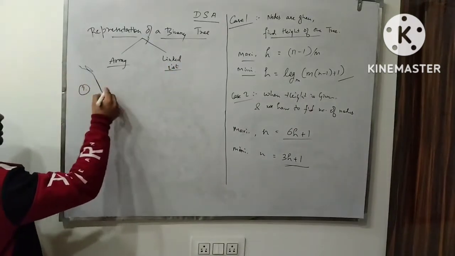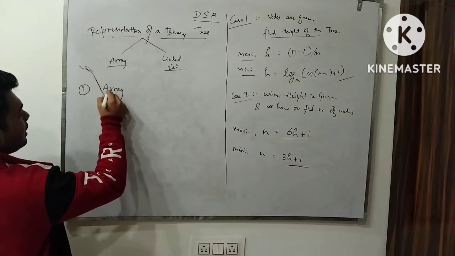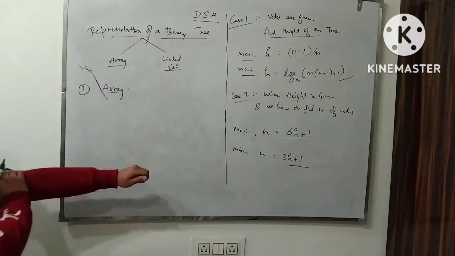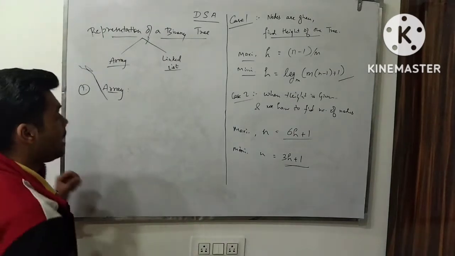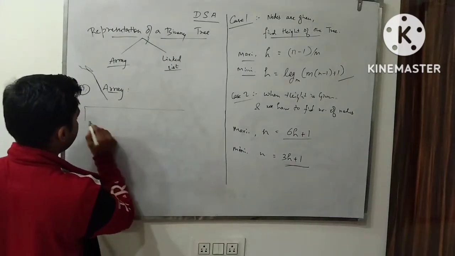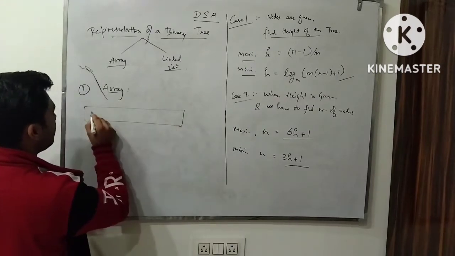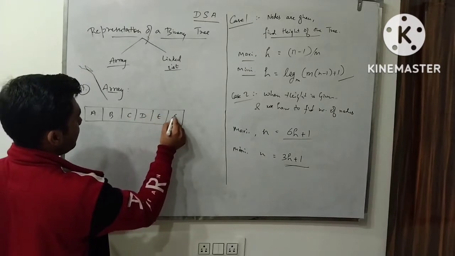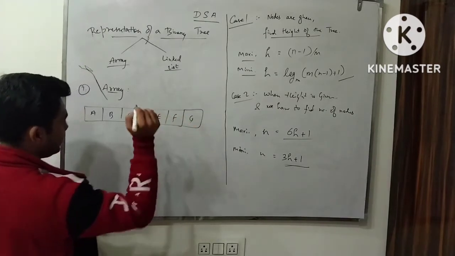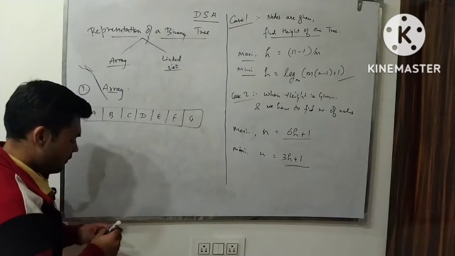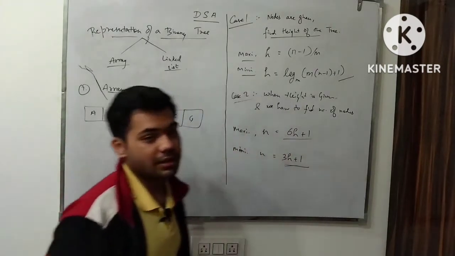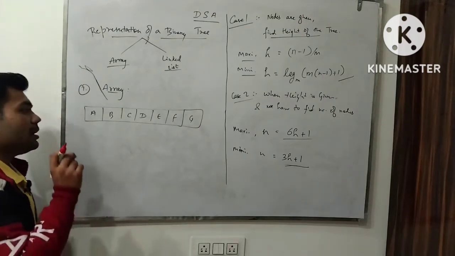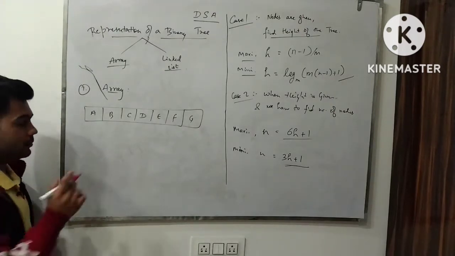First of all, we will talk about the array. How can we represent a binary tree in the form of an array? First of all, we have to take one array and let's make it A, B, C, D, E and F. One more I am taking, G. The very first and very important thing is that we will start indexing this array with 1, not with 0.